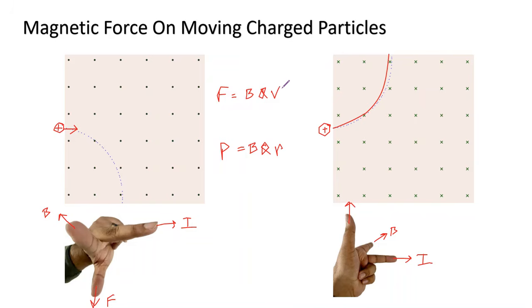I see a lot of students mixing up BQV and BQr. Now that you have the two equations right in front of you, do not mix them up. I repeat, force on a moving charged particle in a magnetic field is BQV, and momentum of a moving charged particle in a magnetic field is BQr.